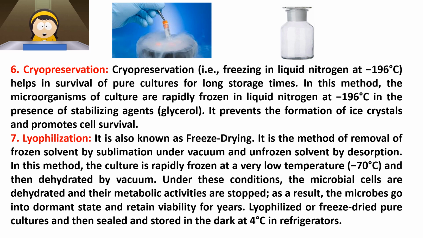Under these conditions, the microbial cells are dehydrated and their metabolic activities are stopped. As a result, the microbes go into dormant state and retain viability for years. Lyophilized or freeze-dried pure cultures are then sealed and stored in the dark at 4 degrees Celsius in refrigerators.